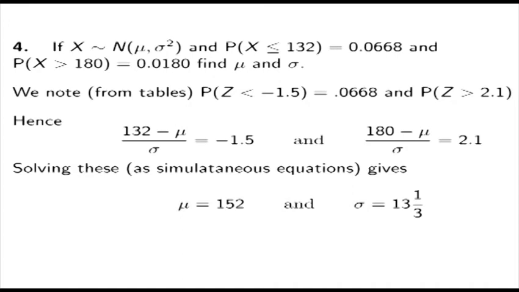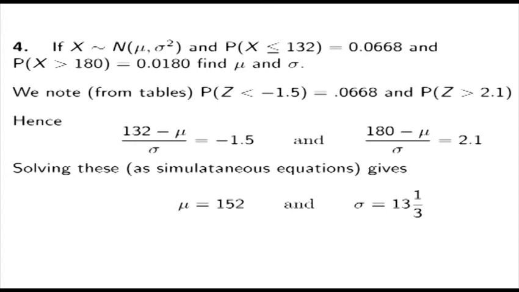So if we make a transformation from z back to x, it'll be x minus mu over sigma equal to minus 1.5, and in this case x minus mu over sigma equal to 2.1. Again, the left-hand side we leave as symbols, x minus mu over sigma, and on the right-hand side we put in the numbers where we know them, and in fact in this case we don't know anything. So on the right-hand side is just minus 1.5.